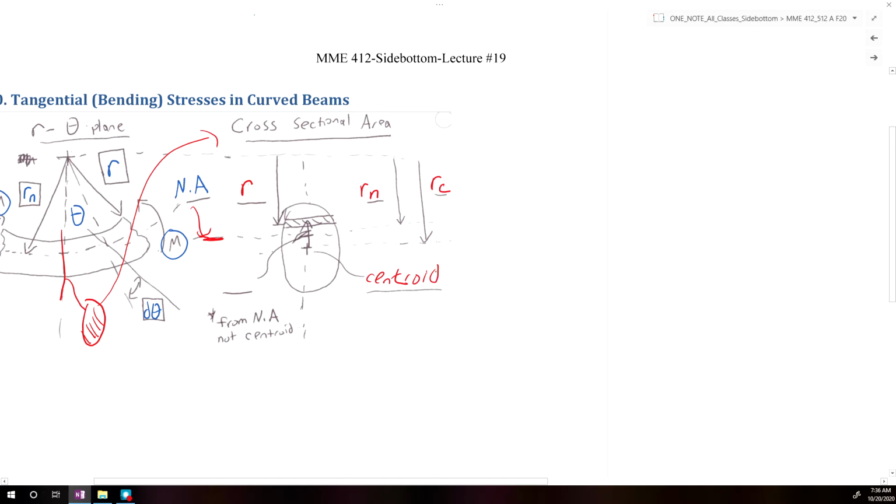Then we have a distance from our neutral axis to our point of interest, which we can denote with the letter y. The last thing I'm going to define here is something called our eccentricity, which we'll denote with the letter E, which is just equal to Rc minus Rn.